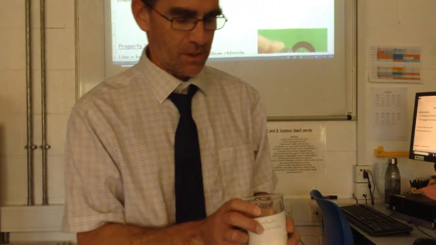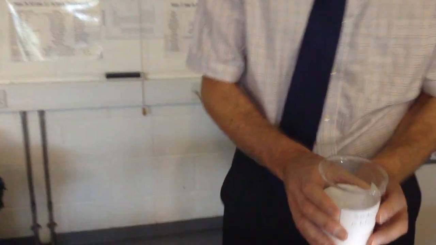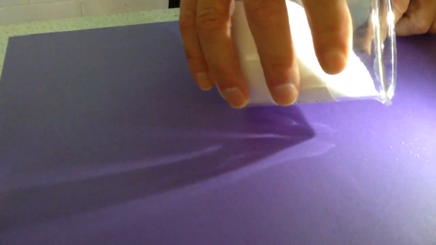So the first physical property I'm going to show you is the appearance. Now, sodium chloride is a fairly typical ionic compound, and I'm going to put a few crystals down there. If I use the hand lens, it might just help a little bit as well.